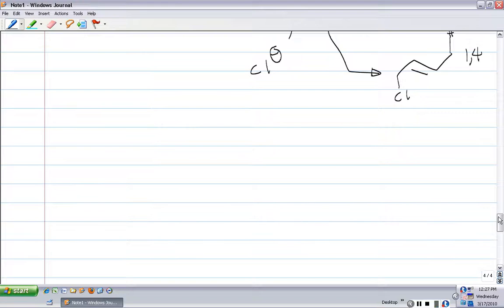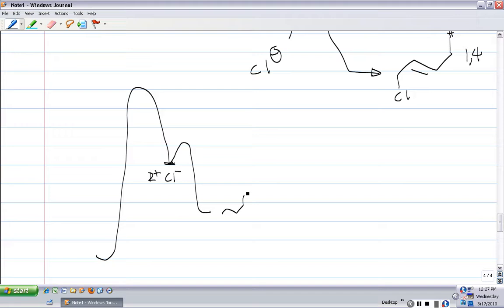in which we have a small energy barrier leading to the 1,2 species, but a large energy barrier leading to the 1,4 species. So here would be my ion pair, right? This is my carbocation and my chloride. This would be my 1,2 product.